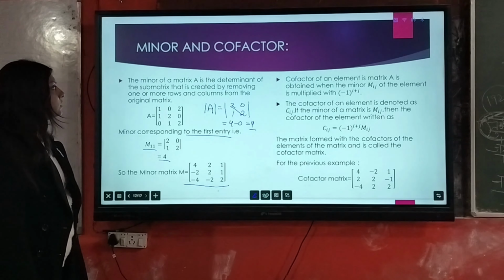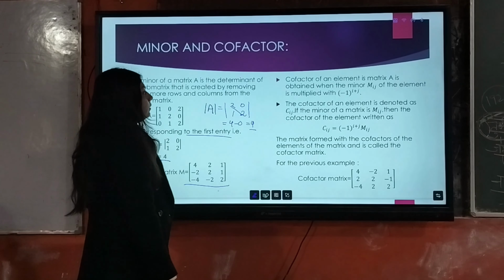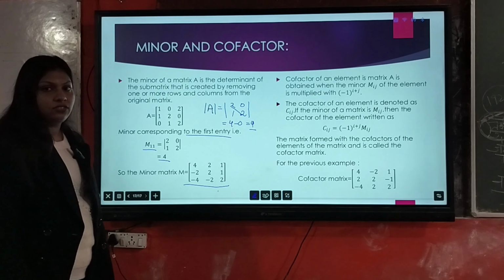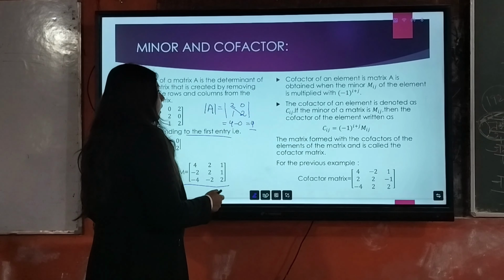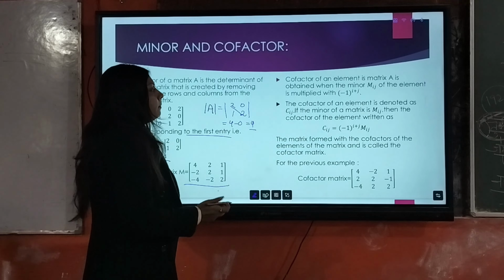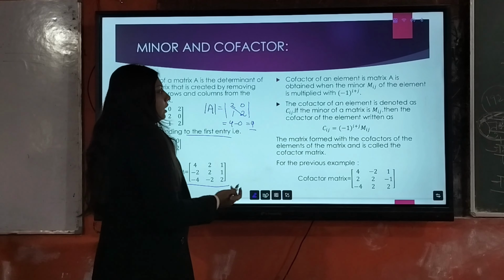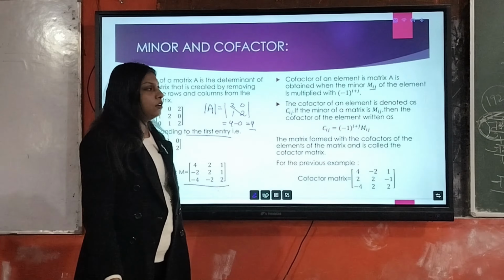Now we are moving towards our next definition, cofactor. The cofactor of an element of a matrix A is obtained when the minor Mij, the minor corresponding to a particular entry, is multiplied with minus 1 to the power i plus j. Here the indexing ij represents the row number and column number.